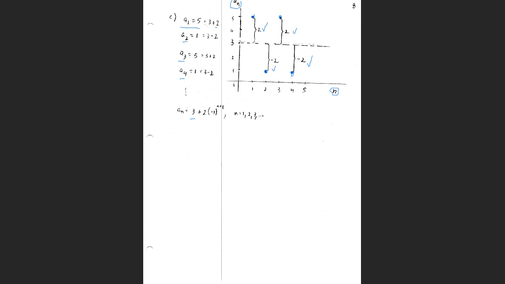So we could say that the general term of the sequence, I mathematically write down as you see here. Based off of that, the nth term of the sequence could be expressed as 3 plus 2 times -1 to the n plus first power, where n equals 1, 2, 3, and so forth.